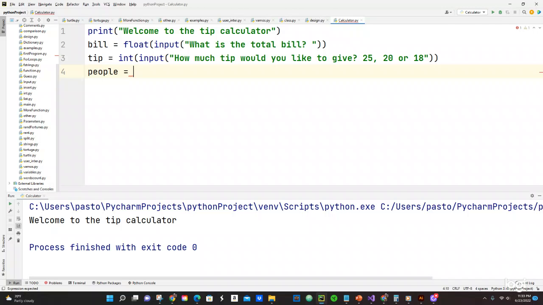Right here we're going to ask the same way, input, and then a string: "How many people will split the bill?" Okay, how many people will split the bill?